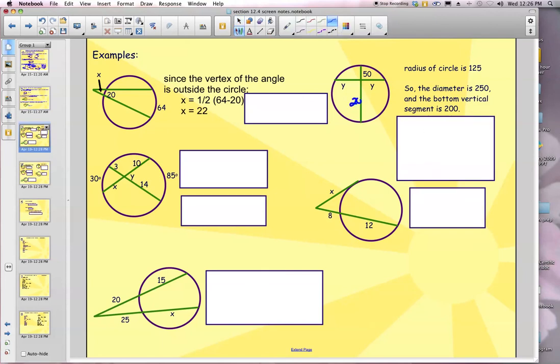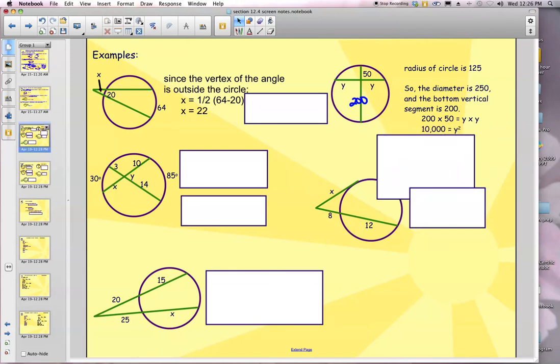So this piece here is 200. So now we're going to take y times y equals 50 times 200, which gives us y squared equaling 10,000. And then to solve, we square root both sides, and y is 100.